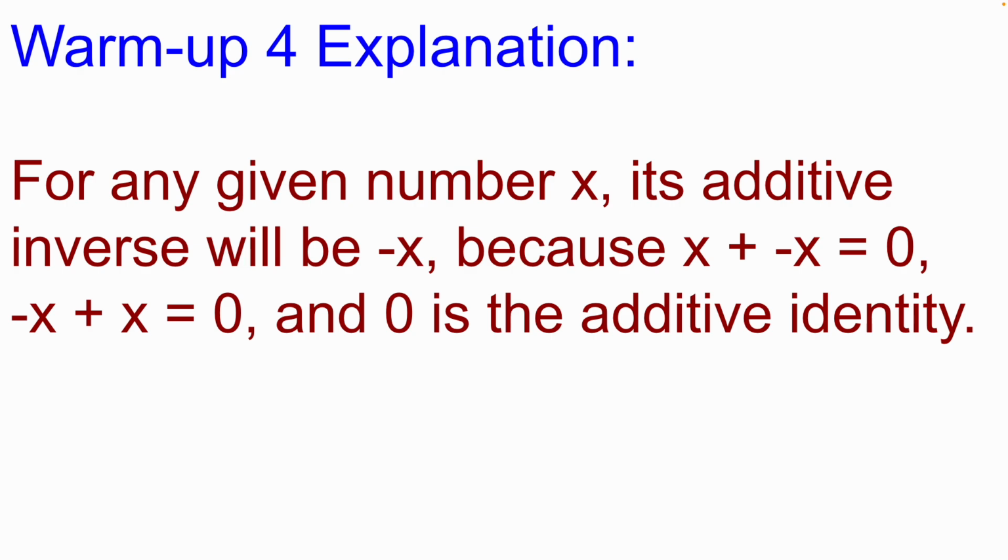So whenever we're looking for an inverse of a given value of a certain operation, we're looking for what value we can use in that operation. In this case, the operation is addition, and the value was x. What value can we add to x to get the identity in that operation? And in this case, the additive identity was 0.